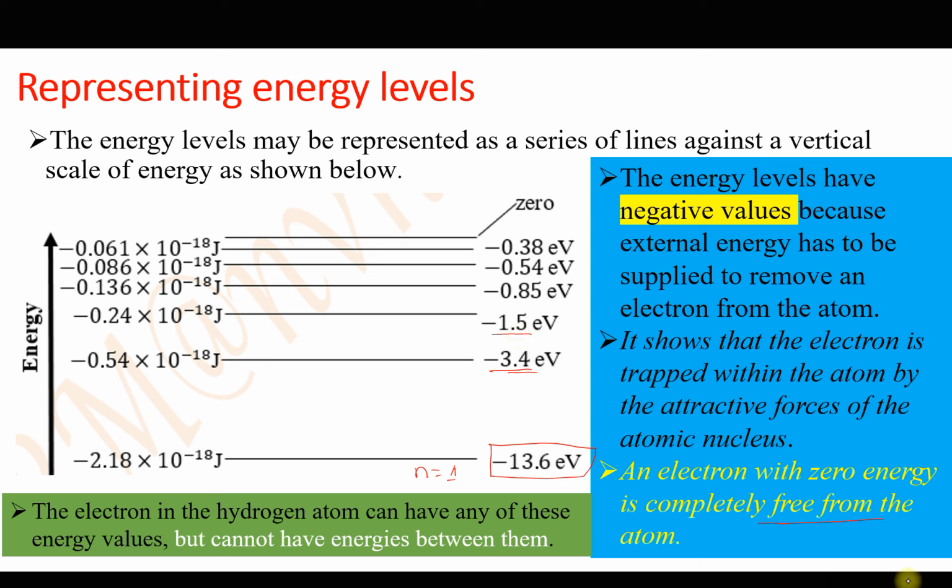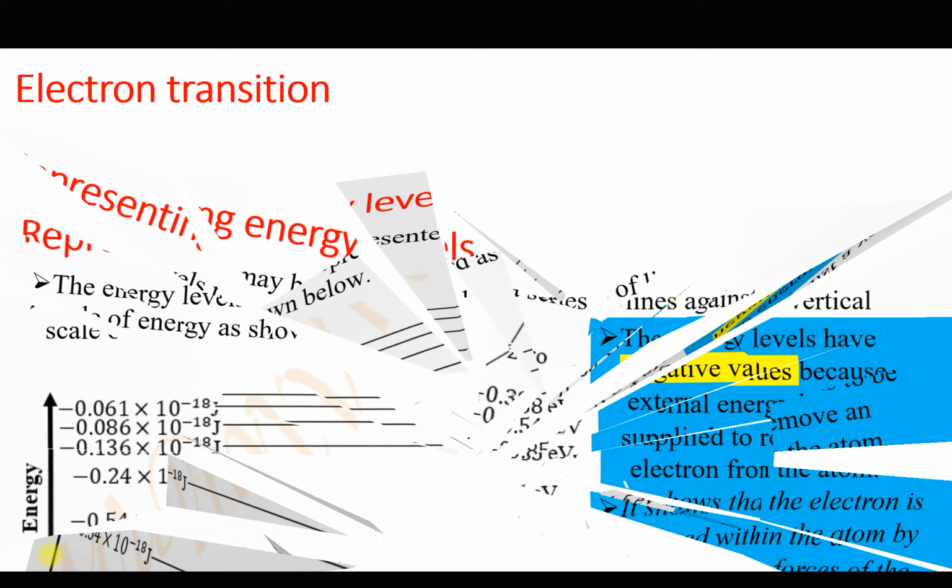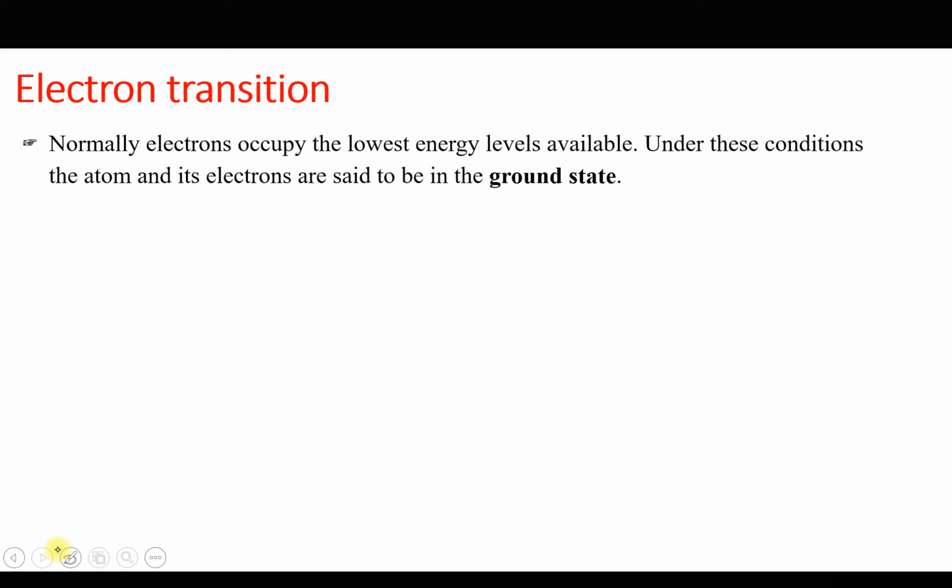So since an electron can only have specific energies, and according to Neil Bohr, it only gains or loses energy when there is a transition, let's talk about these energy transitions as explained by Neil Bohr. We have mentioned that normal electrons occupy the lowest energy levels available in an atom.